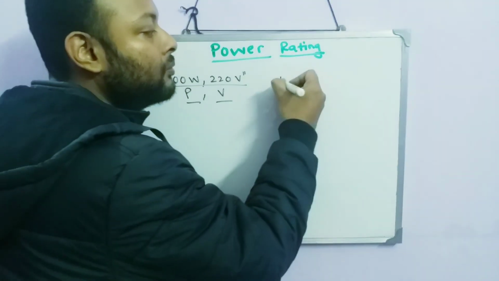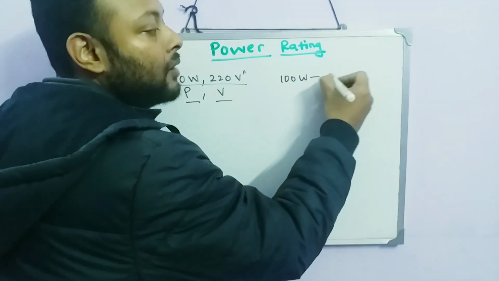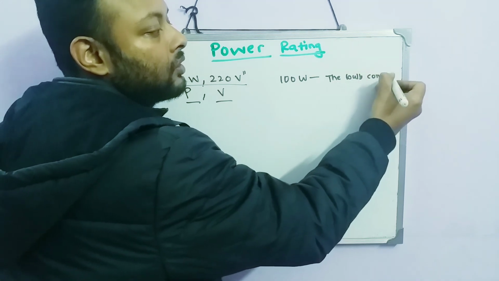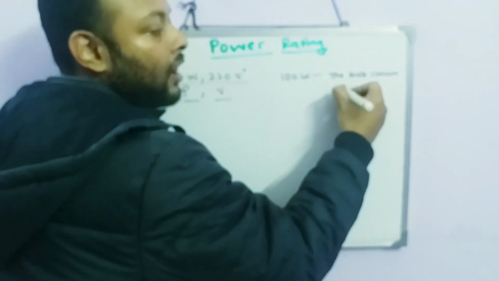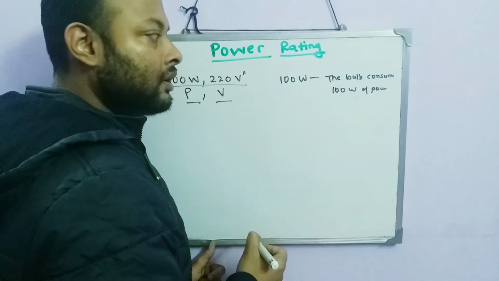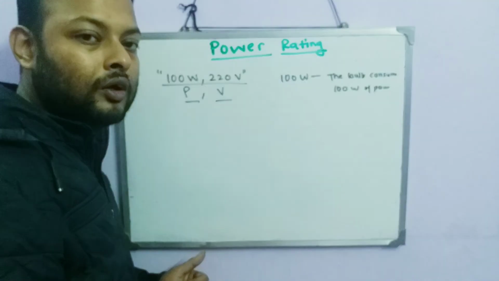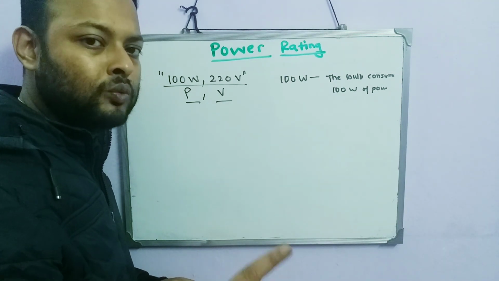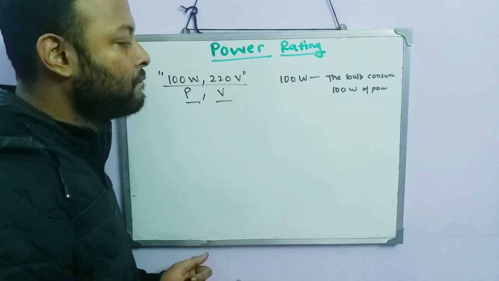So 100 watt means 100 joule of energy in 1 second. Basically, the bulb consumes 100 joule of energy in 1 second.